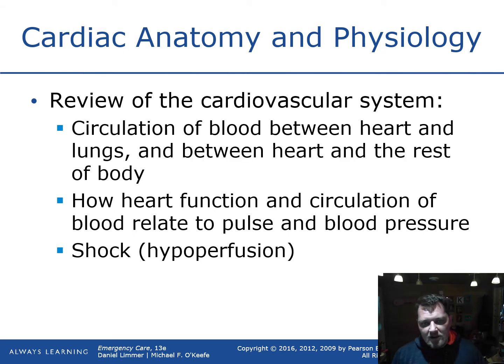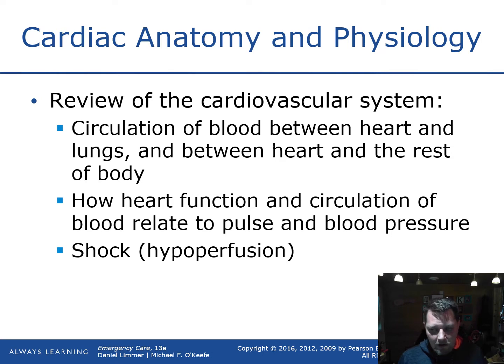Circulation of blood between the heart and the lungs, and between the heart and the rest of the body. We just talked about that a little bit. That blood goes to the lungs, gets filtered, goes to the heart, and then out to the rest of the body with oxygenated blood. Function and circulation of blood relate to pulse and blood pressure.